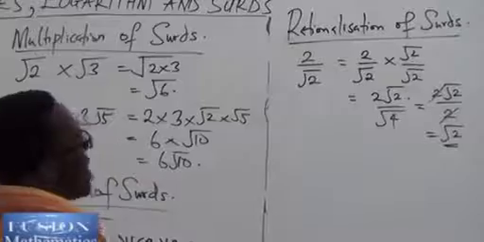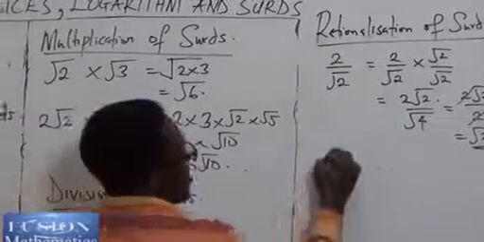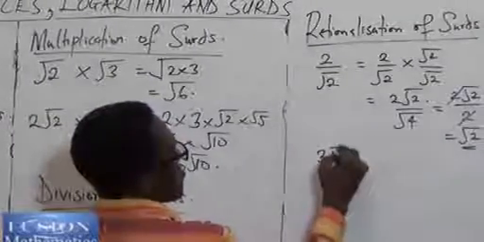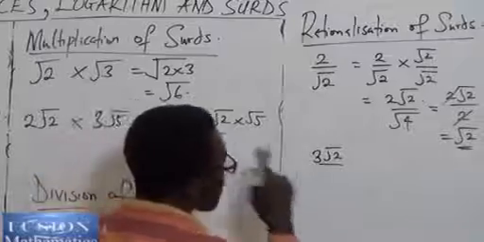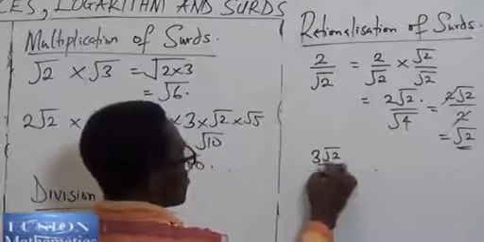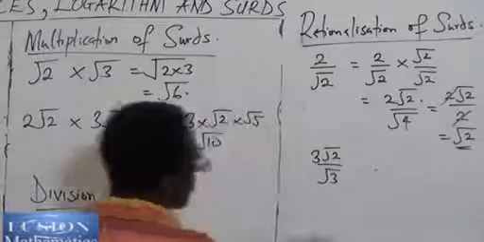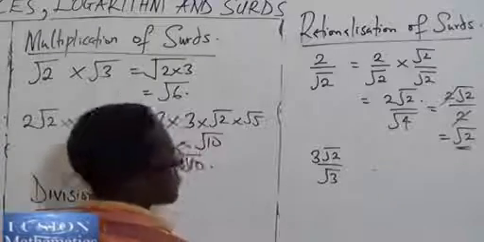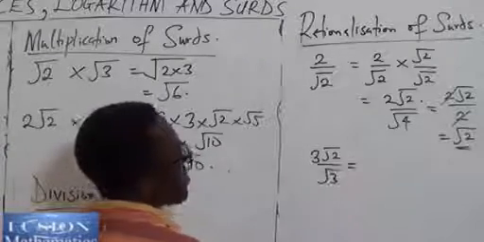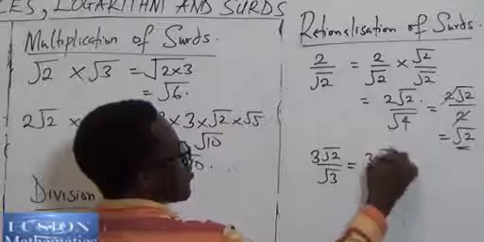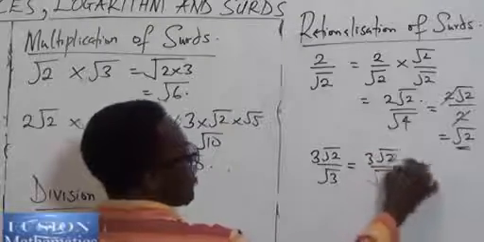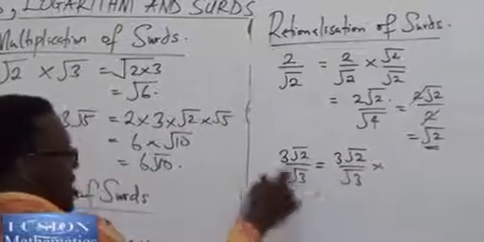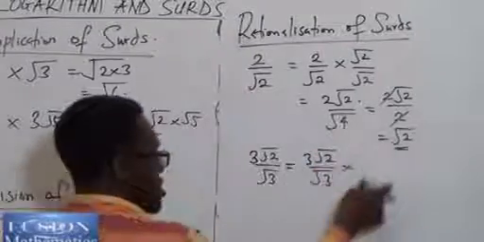If, for instance, we have, let's see another one, let's say 3 root 2 all over root 3, and want to rationalize. This will give us 3 root 2 all over root 3 multiplied by the denominator, multiplying the numerator and the denominator.